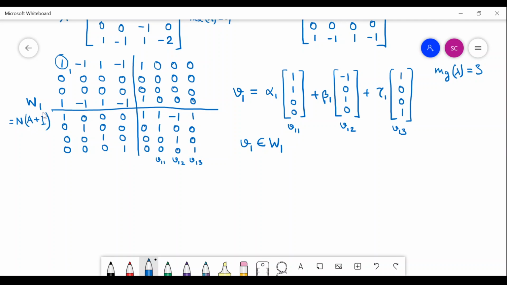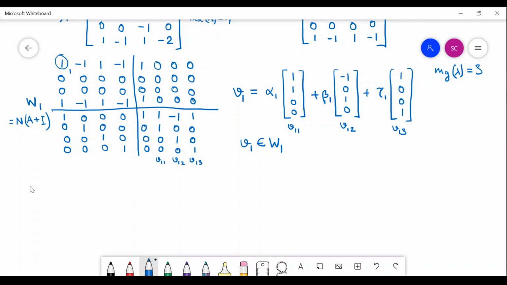So W1 equals the null space of A plus I. We have found out the basis vectors of W1, and we can write any vector in W1. Any vector in W1 is a linear combination of the basis vectors of W1. This we can do.